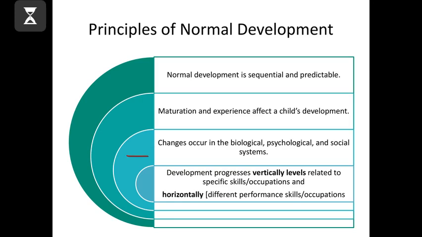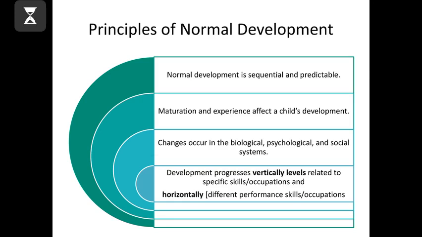That means we're dynamic. These systems are interacting all the time. They support one another in development. They're continually changing. So when we think of the biological system, we are thinking of functions and processes related to the internal body structures.